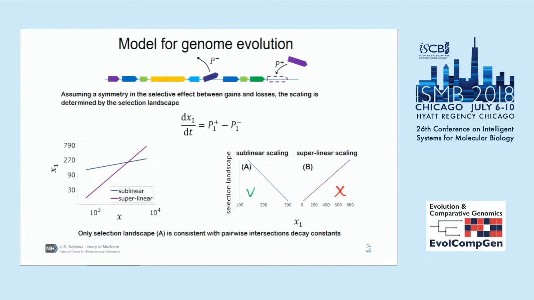However, we have an additional piece of information, which is the genome intersections, and we actually see that only a selection landscape that decreases with genome size is compatible with the genome intersection. So only panel A is relevant, and in fact the superlinear scaling selection landscape, which is increasing, is not compatible with genome intersections.